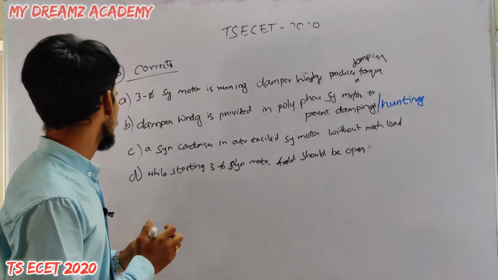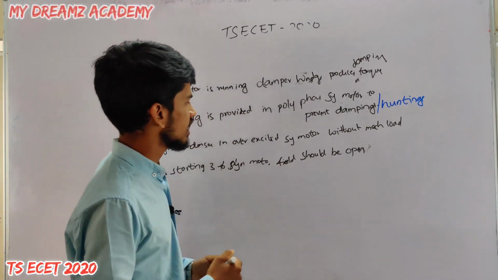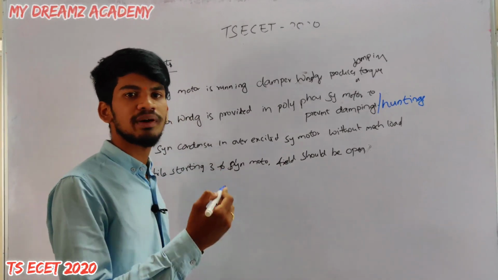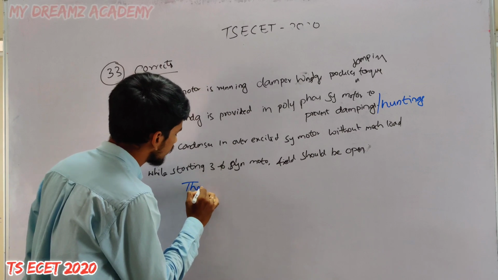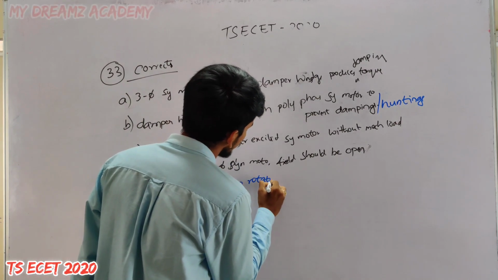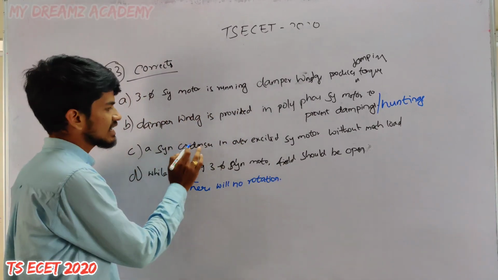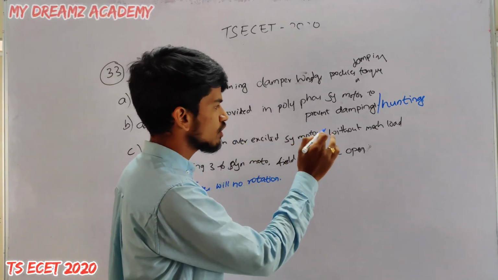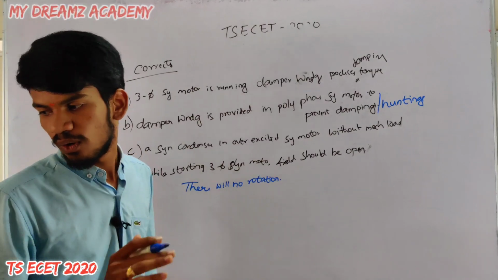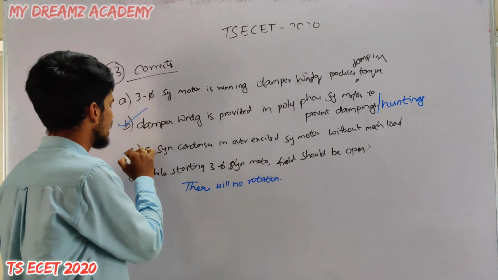We will check what happens if the given condition is right. If the field is open while starting, there will be no rotation. A synchronous condenser is an over-excited synchronous motor without mechanical load. Okay, next one, damper winding is provided in polyphase synchronous motor, prevents hunting, and option C is also right.